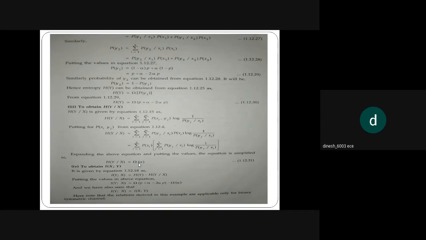So if entropy is found, joint entropy can also be easily found. Next up is to find mutual information.